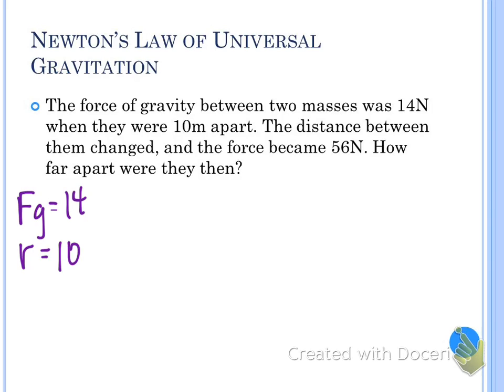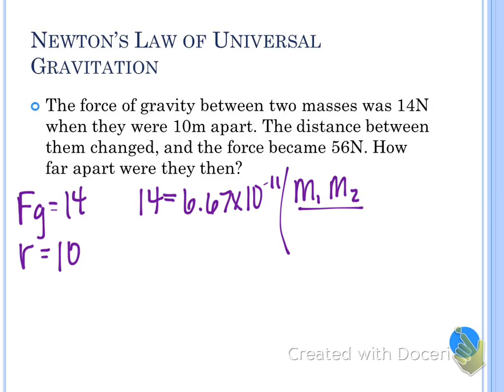Okay? So we're going to start plugging in some numbers here. We're going to say 14 is equal to G, right? 6.67 times 10 to the negative 11th times m1, m2 over r squared. Okay? Will the value of m1 times m2 change between these two situations?